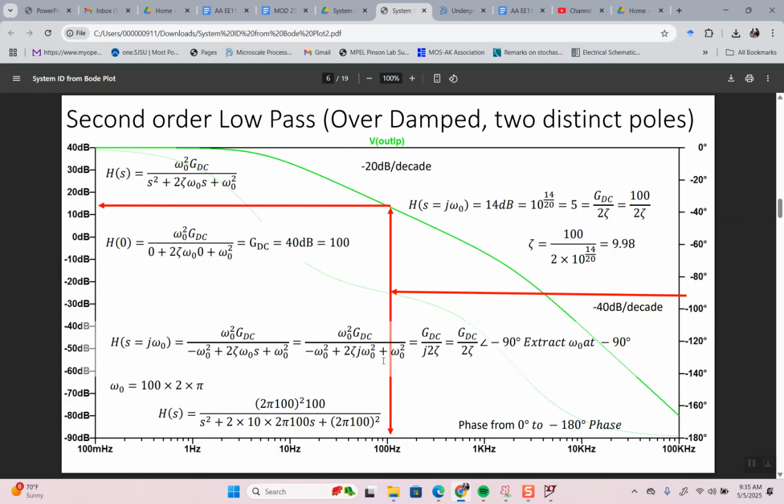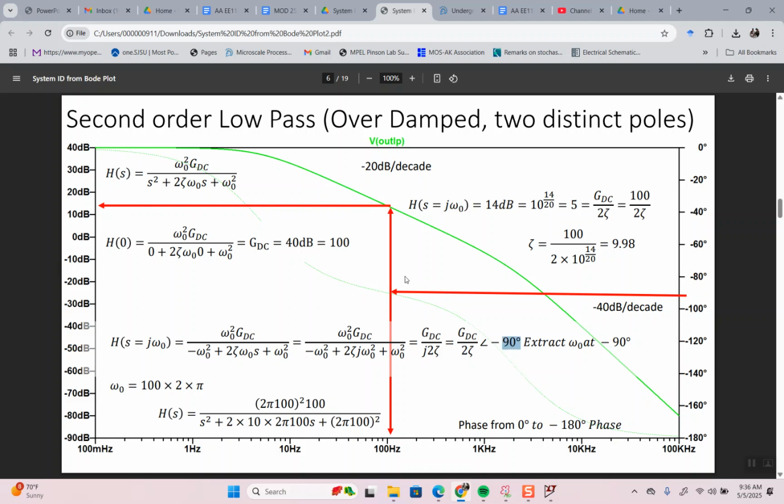All of a sudden what you get at j omega naught is the gain DC divided by 2 times the damping coefficient. There's j, which then turns out to be minus 90, which is why you extract at minus 90. It kind of confirms it.